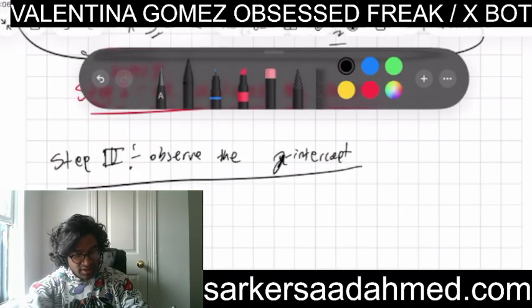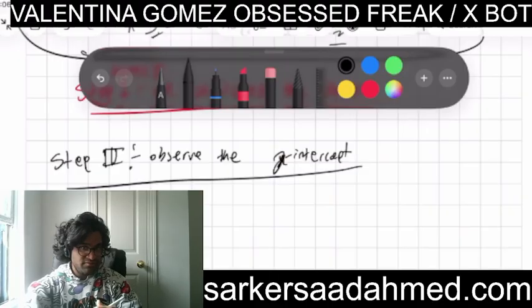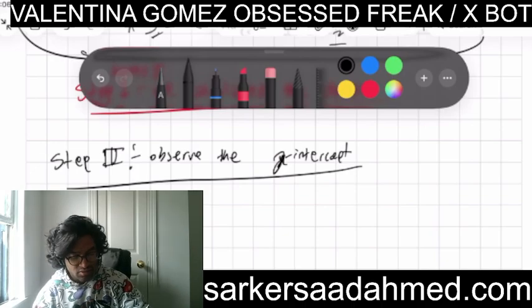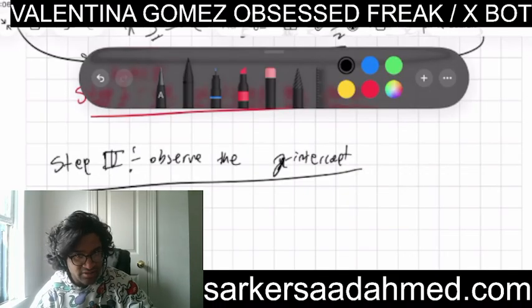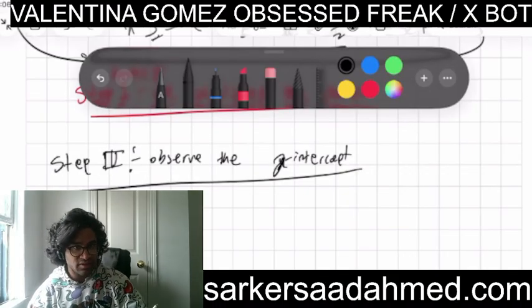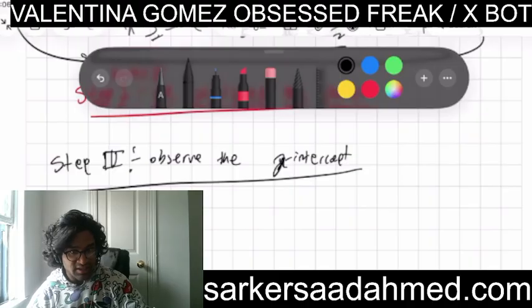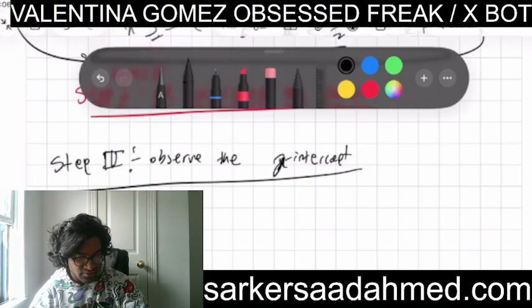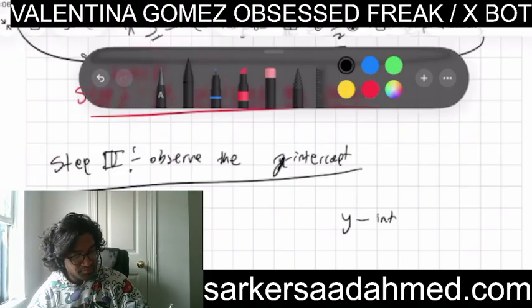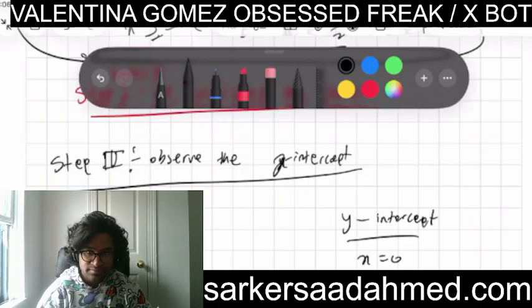Sorry, not y-intercept, x-intercept. The only way you actually calculate the x-intercept is when you set whatever function you're given equal to 0. Y-intercept, however, works when you set your x to 0.